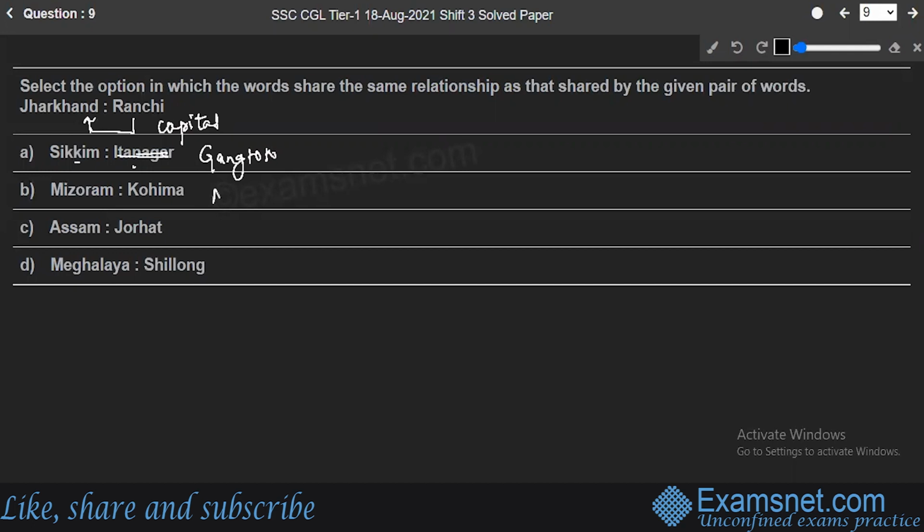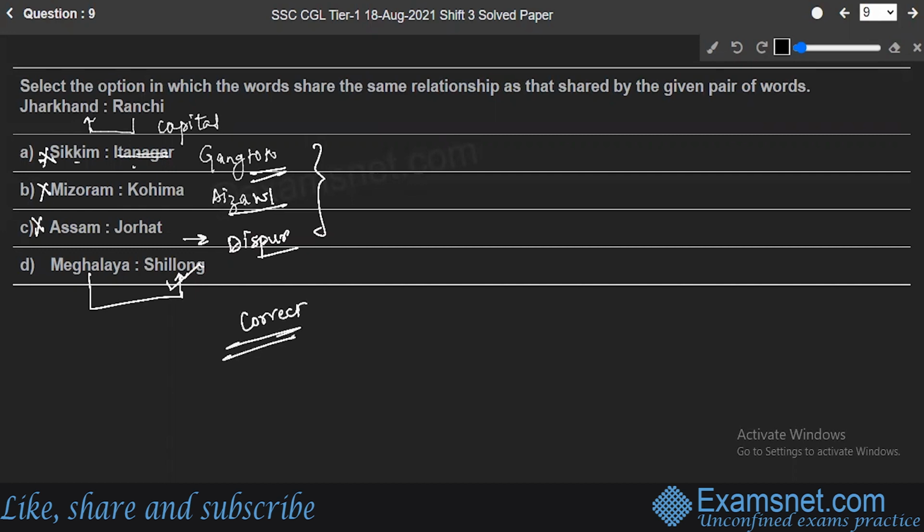Mizoram's capital is Aizawl. Then Assam's capital is Dispur and Meghalaya's capital is Shillong. So that means all these options A, B, and C are incorrect, because Sikkim's capital is Gangtok, Mizoram's capital is Aizawl, Assam's capital is Dispur. They are wrong. A, B, C are wrong. Option D, Meghalaya's capital is Shillong, is correct.